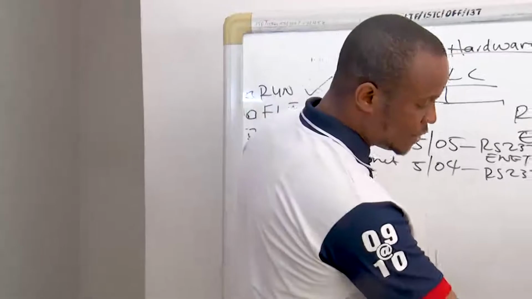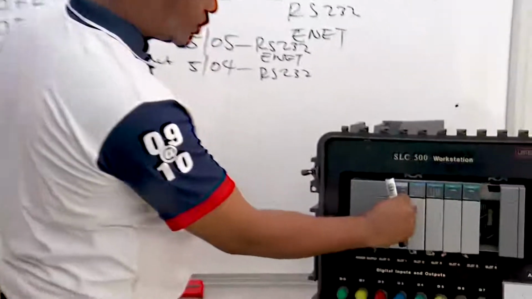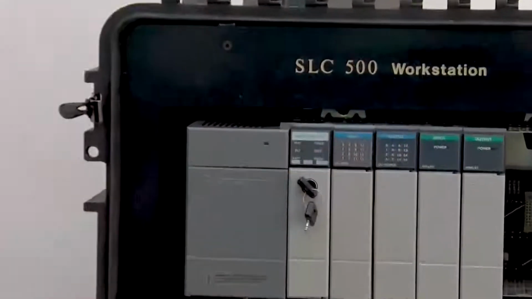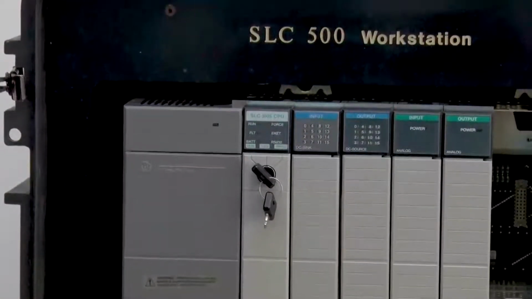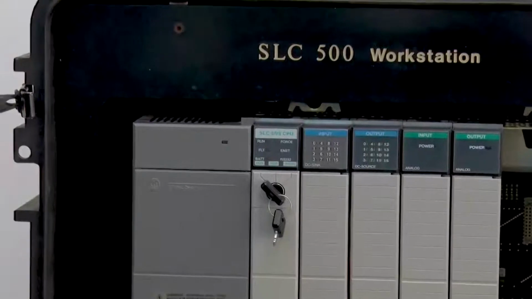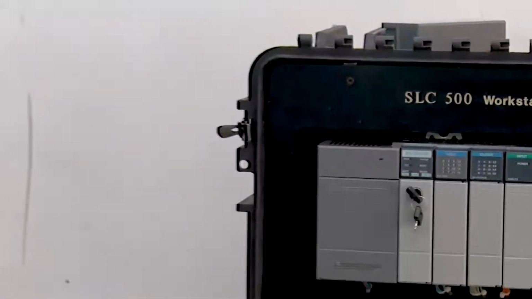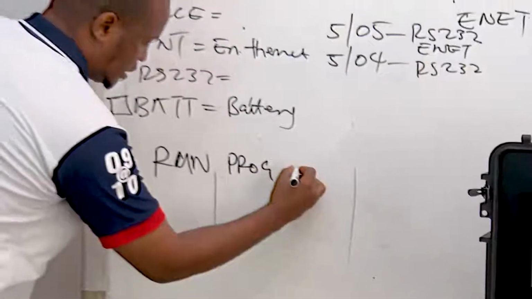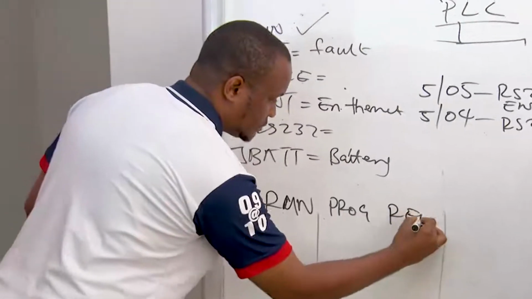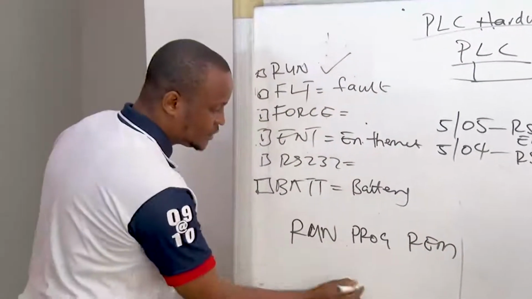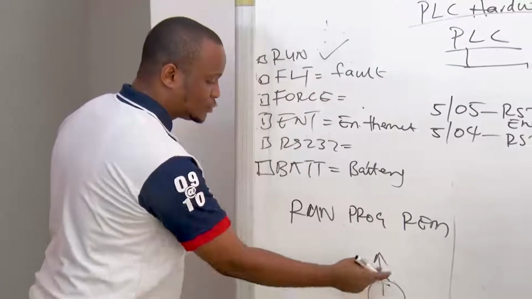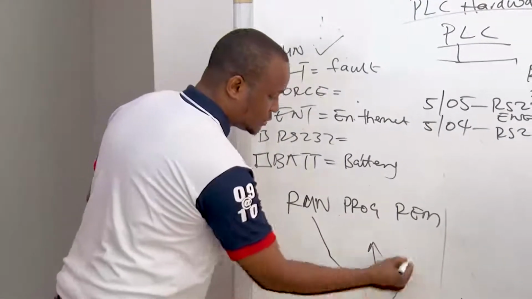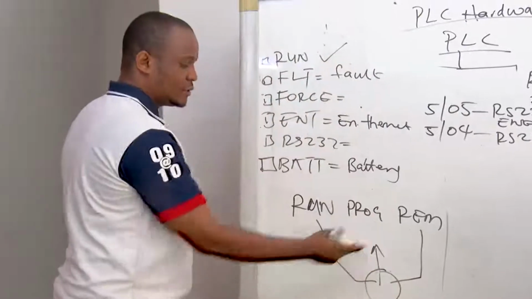Now, coming to the key switch where we have the run, the REM, and the prog. What this means: we have the run, we have the prog, and we have the REM. So you have the key, and the key can be switched to either this or this or this.